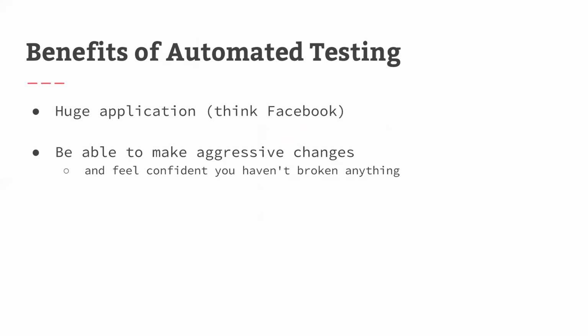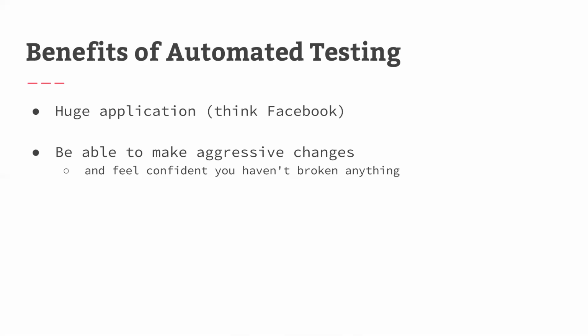Okay, and just the benefits in general for automated testing. Let's say you have a huge application, right? Facebook or Twitter or Pinterest or whatever, millions of lines of code. You want to be able to make aggressive changes, put in a feature that is going to touch every bit of your application, and you want to be able to feel confident that you haven't broken anything.